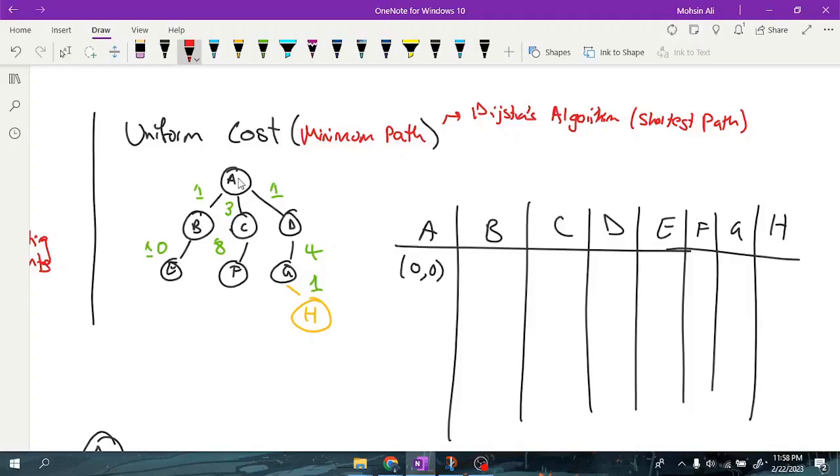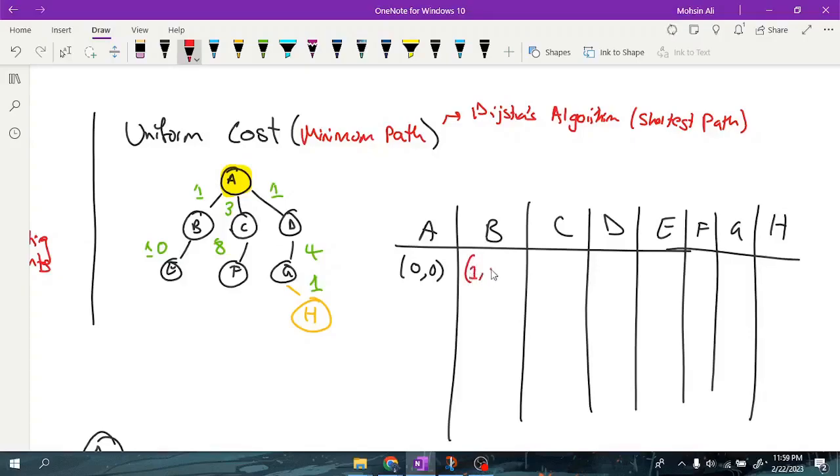So the way we do this is initially you start with your starting node. In this one, it would be A, and then you would go to your next smallest node. So in this one, you have two options. You can go to either B or you could go to D. So I'm just going to write this down. I can go to B from A with a cost of 1.